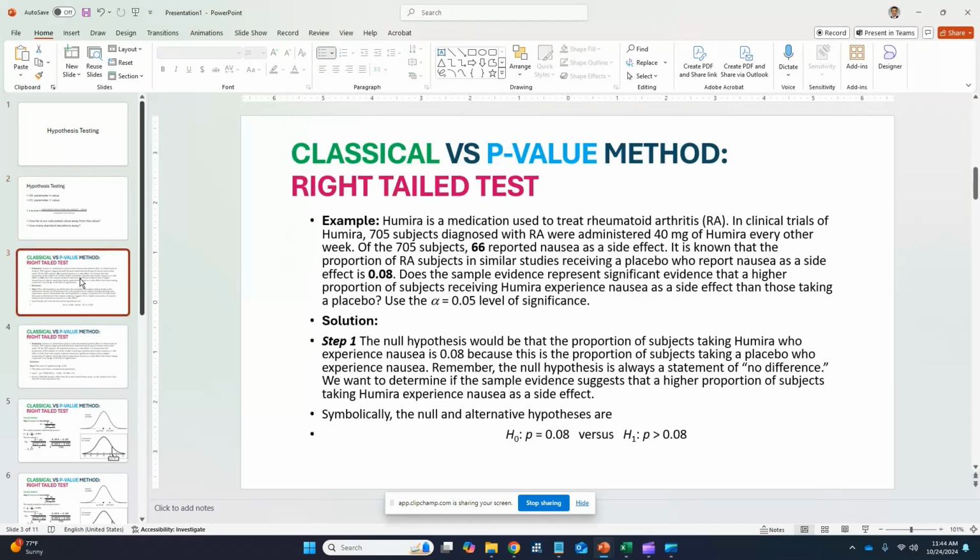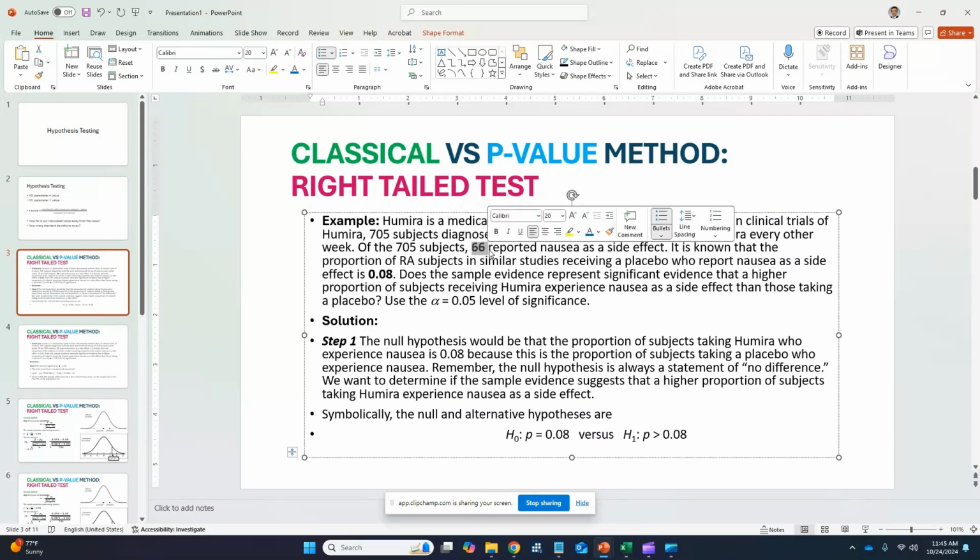Let's see an example. In this example, Humira is a medication that is used to treat rheumatoid arthritis, or RA. In the clinical trials, 705 subjects diagnosed with RA were administered 40 mgs of Humira every other week, and 66 of them reported nausea as a side effect.